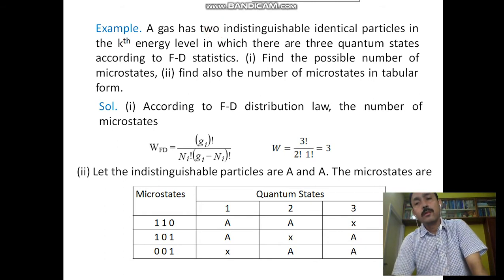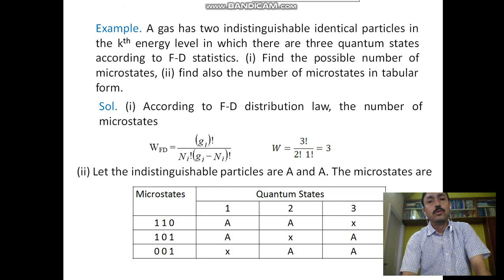We know the thermodynamic probability for the Fermi-Dirac distribution. Thermodynamic probability means the number of microstates in a given macrostate. So this is Gi factorial by Ni factorial into Gi minus Ni factorial. This is the number of microstates as per the Fermi-Dirac distribution law, that is, the number of ways Ni particles can be distributed in Gi quantum states.